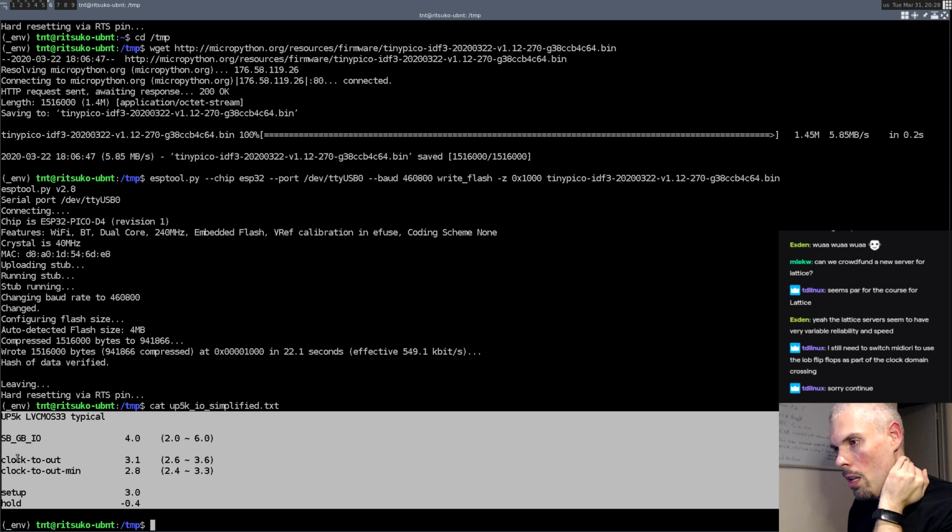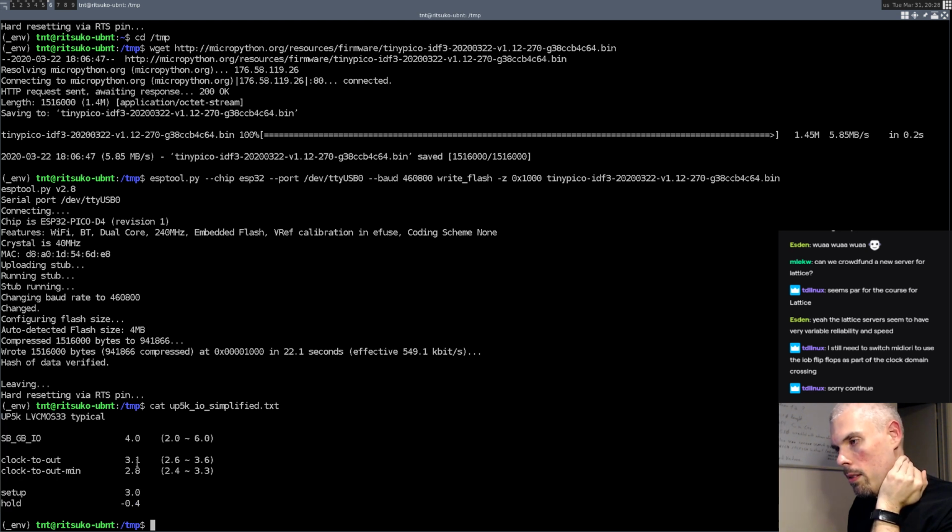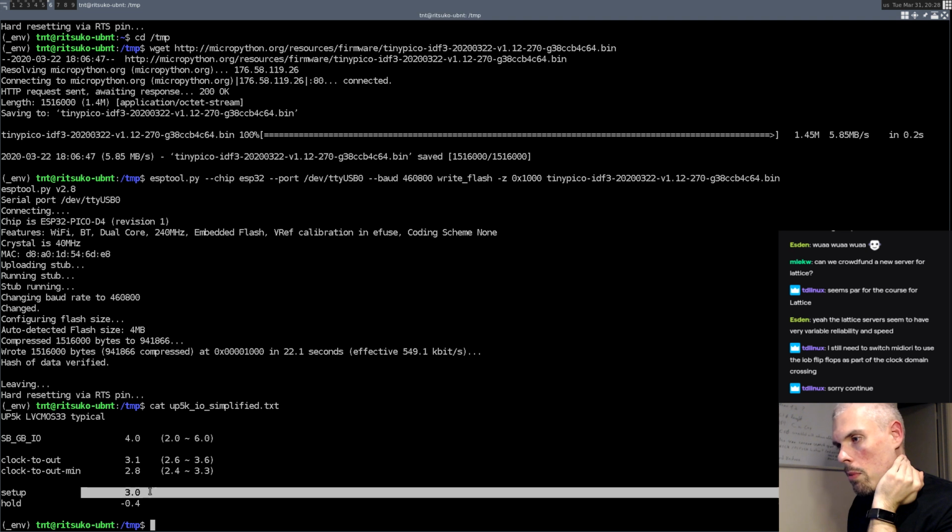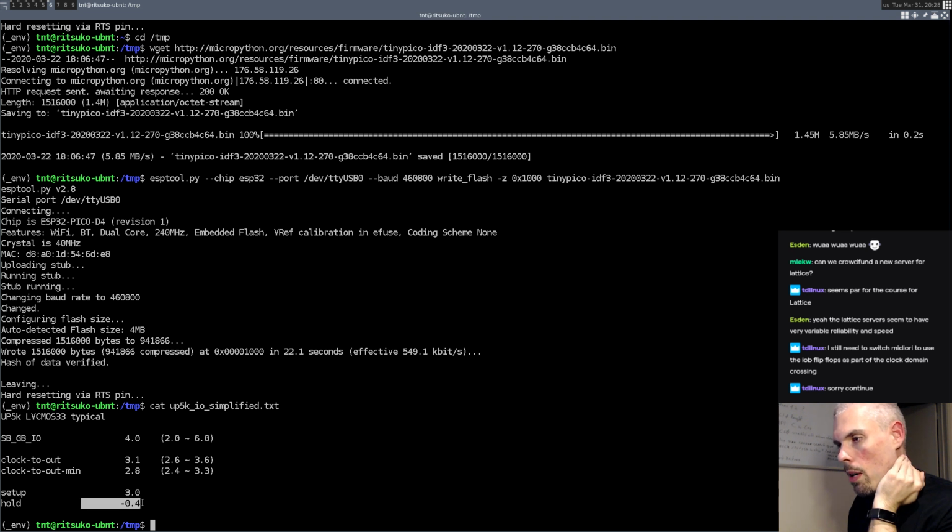So I know that the I/O register has a clock to out of 3.1 nanoseconds. Actually, those are the typical timing, right? It has a minimum clock to out of 2.8, and setup time requirement of 3 nanoseconds and a hold time of minus 0.4 nanoseconds.